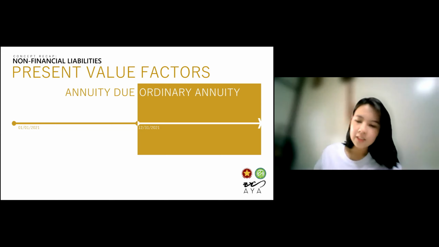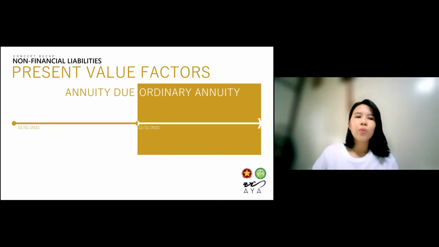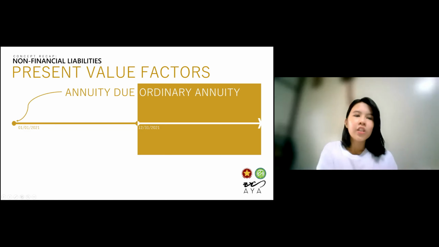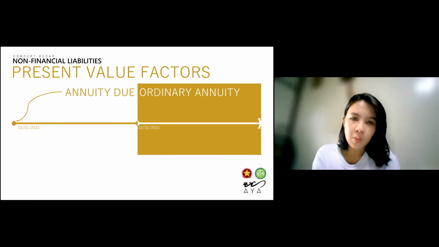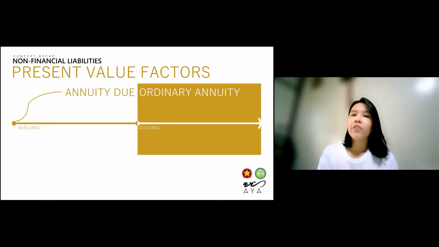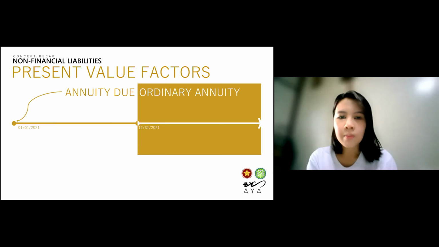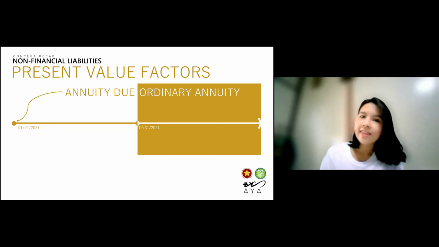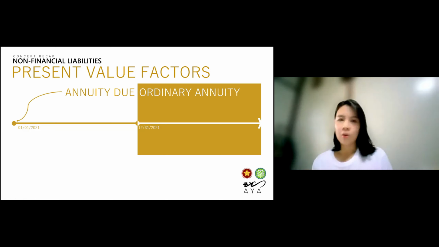So for annuity due, the first payment will be paid on January 1, 2021, for example. But for ordinary annuity, you will pay on December 31, 2021. Because annuity due is at the beginning, and ordinary annuity is at the end.